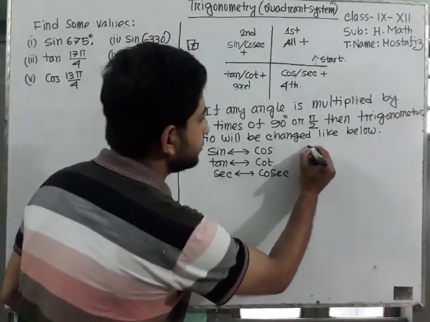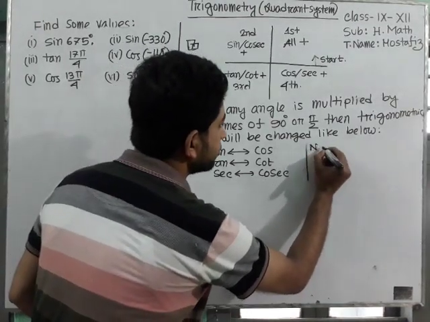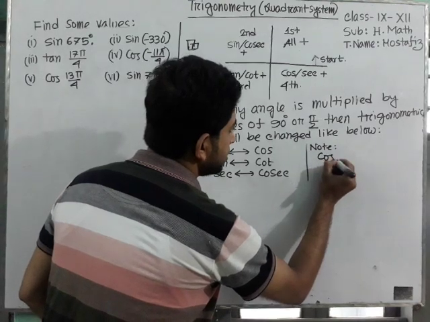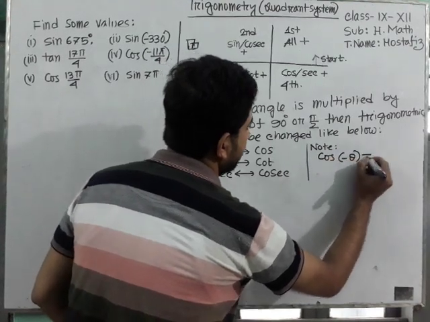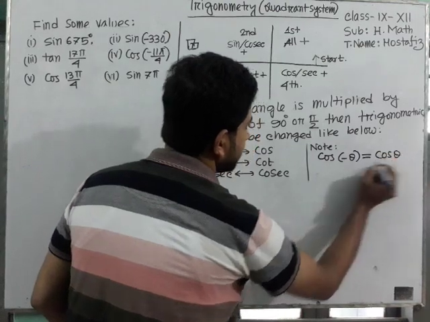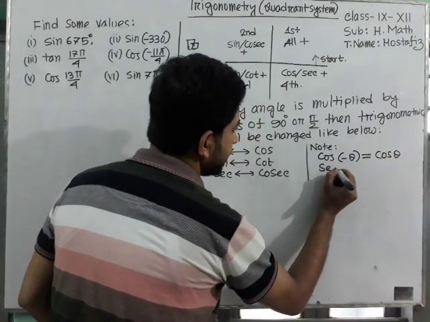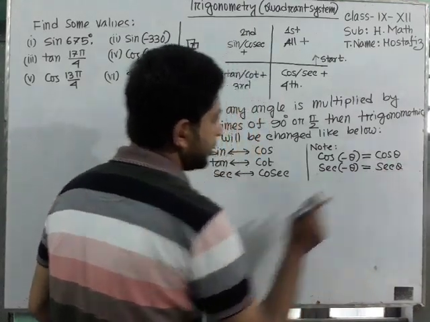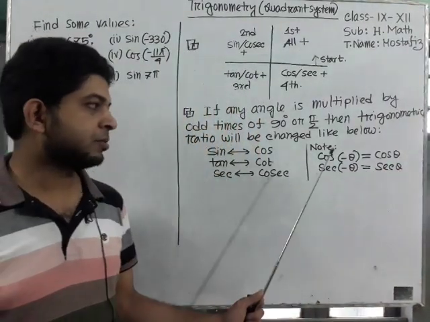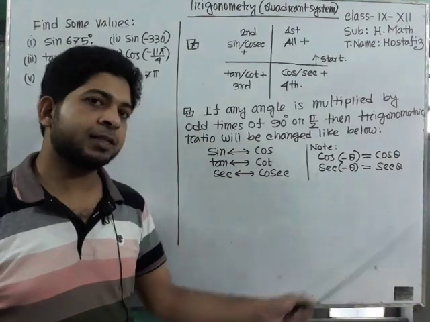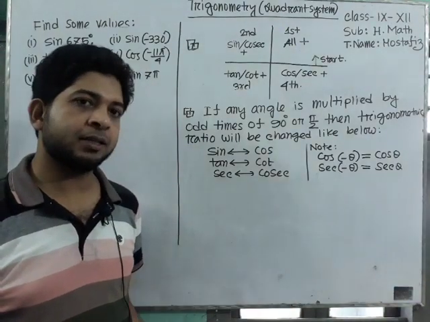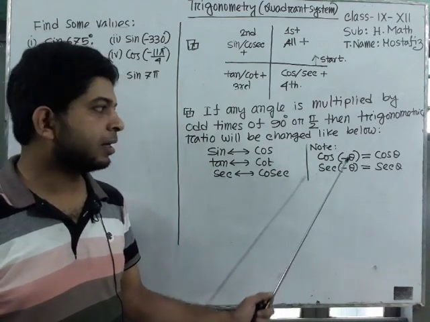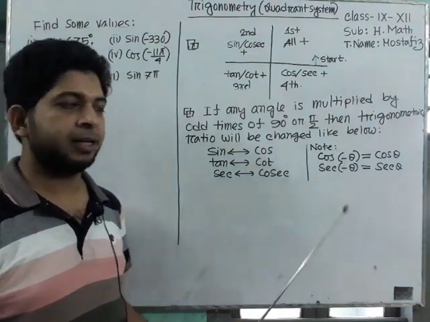And just you have to keep a note that cos minus theta, always it is cos theta, and sec minus theta, it is always sec theta. But for other trigonometric ratios, suppose sine minus theta, it will be minus sin theta, or tan minus theta, it will be minus tan theta. But only for these two cases, that is cos minus theta and sec minus theta, the minus will be removed from here. Okay.